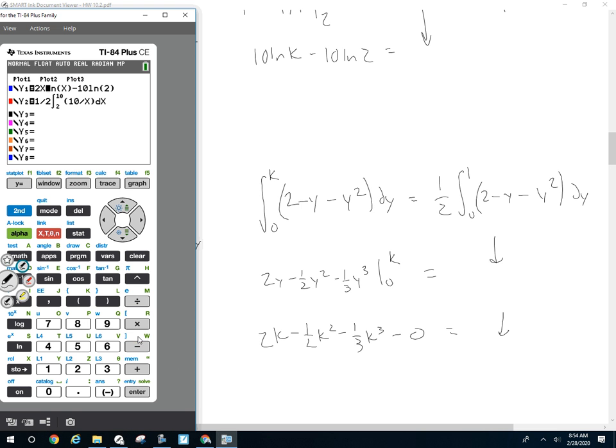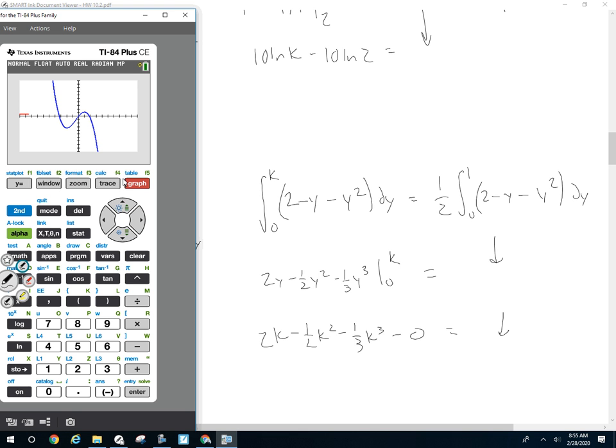2k minus 1/2 k squared minus 1/3 k cubed equals 1/2 of whatever this number is. Multiple intersections, but we're looking for the one between 0 and 1.